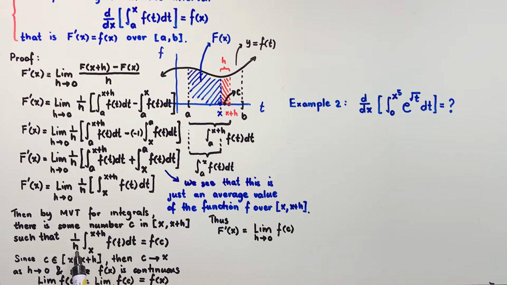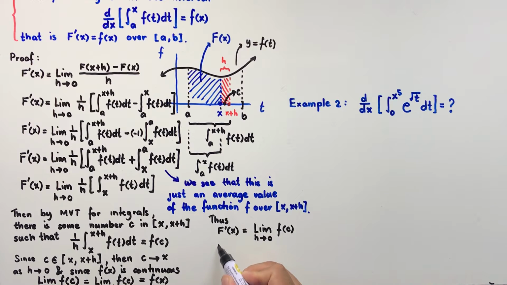Why? Because 1 over h times the integral of our small f of t dt is small f of c by the mean value theorem. And this limit of f of c is just f of x.